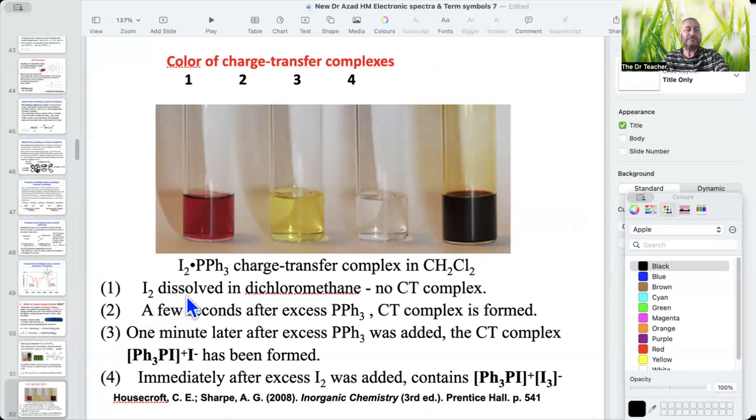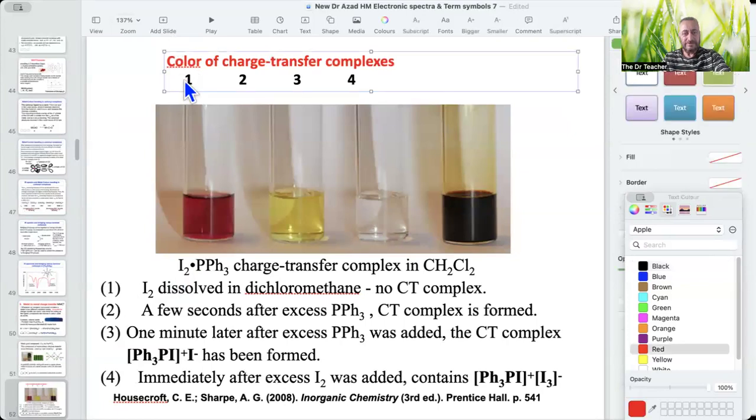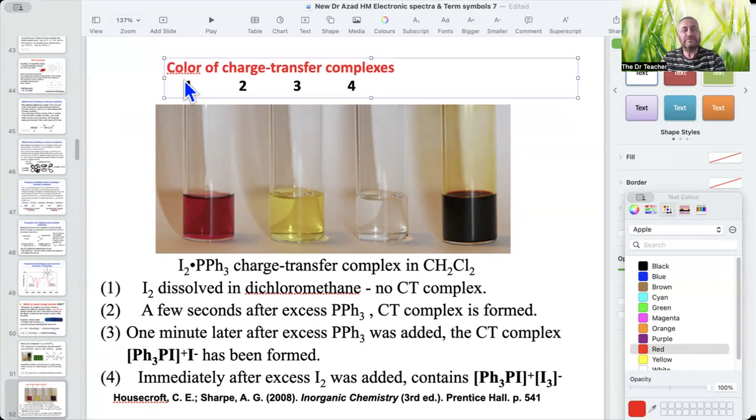So iodine, sample number 1, where is it? This one. So this is sample number 1, and here is number 3, colorless, and number 4 is blood red.